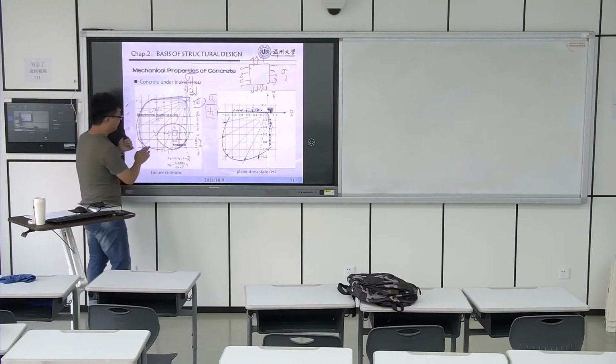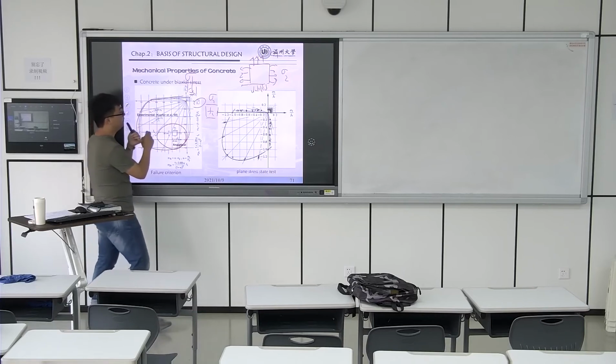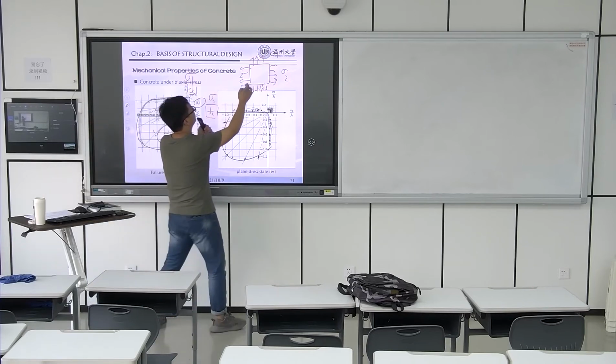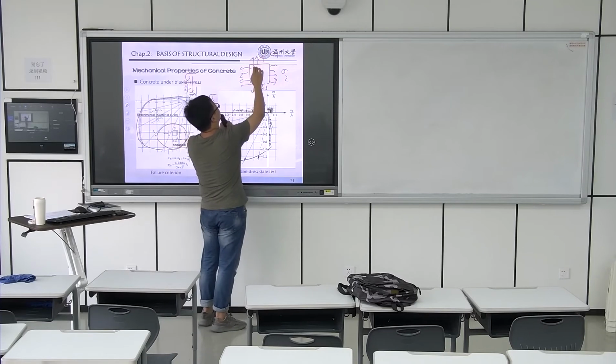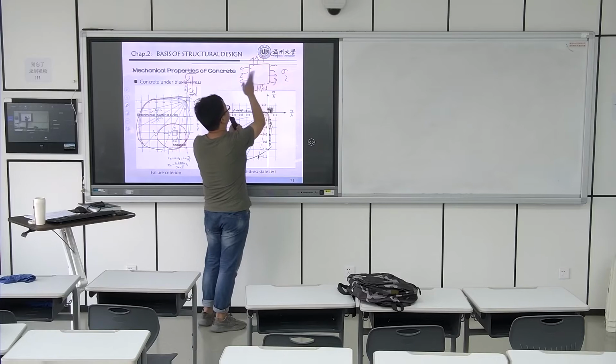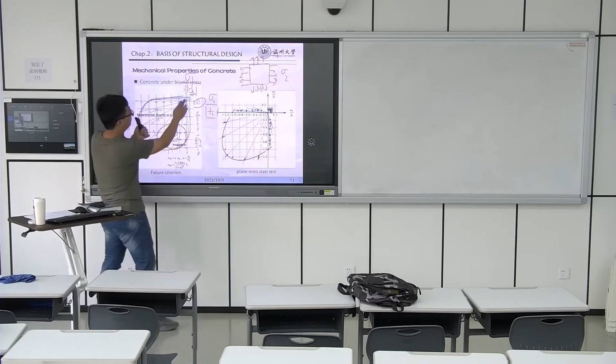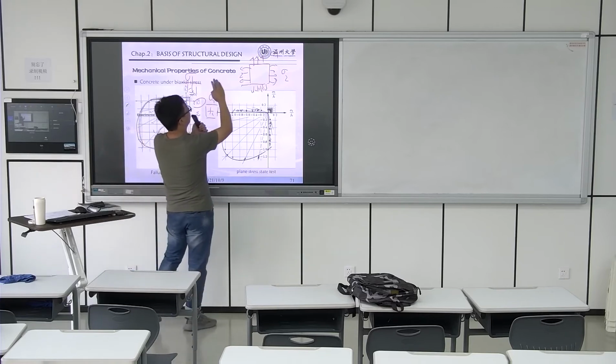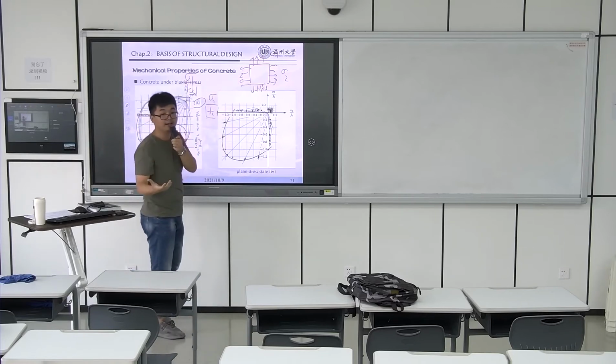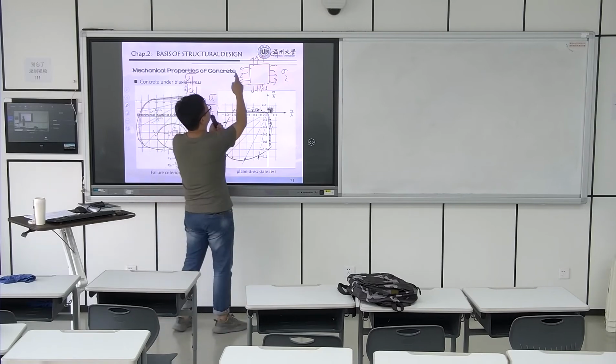In this part they are positive, which means the sample is under positive direction load, under the tension, right? And in this part they are under the compressive load, compression, so the values change to negative.